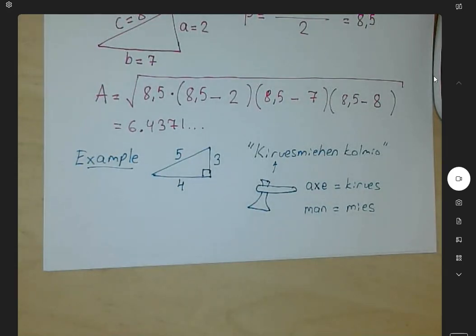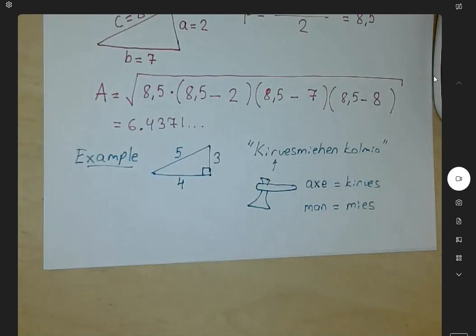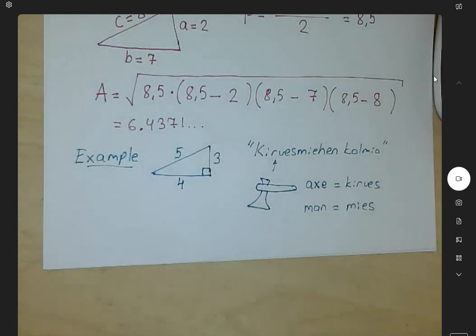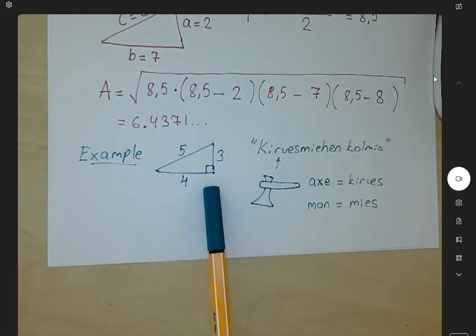Kirvesmies is the carpenter, and this N ending means that mies is a man, and something which is man's own is miehen, and kolmio is triangle. So this is the triangle which carpenters often use when they are building, to check that the building is right angled.